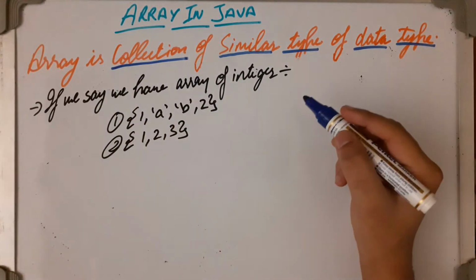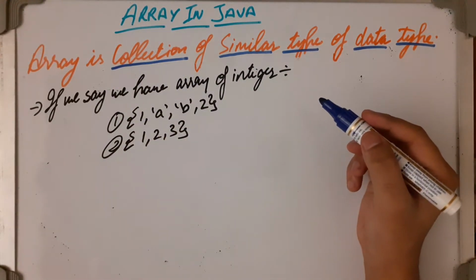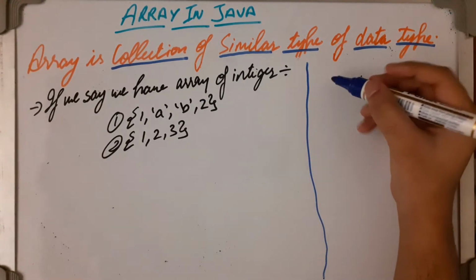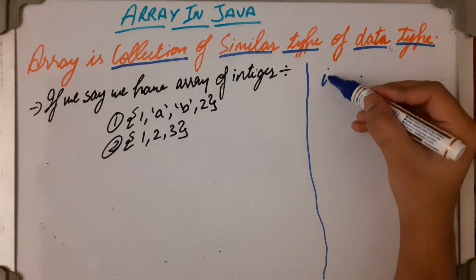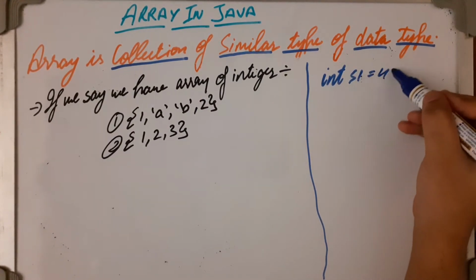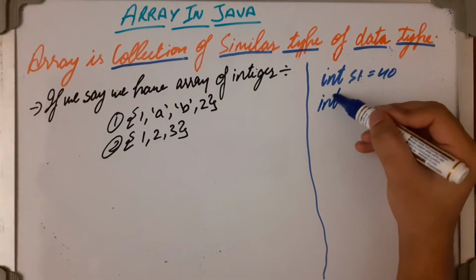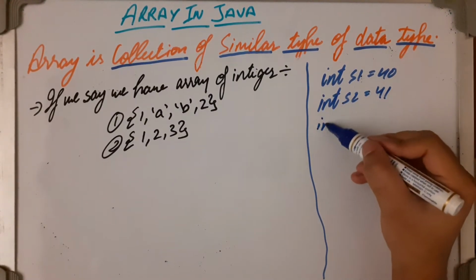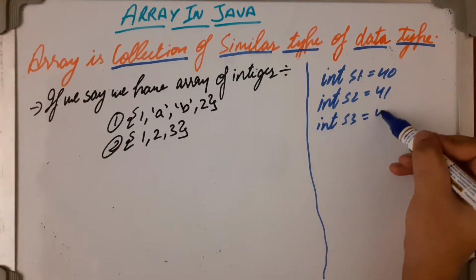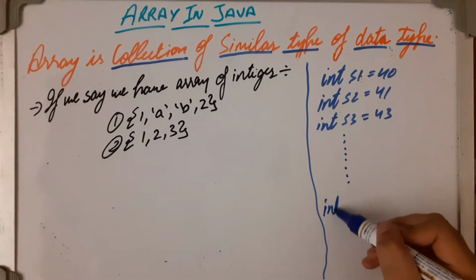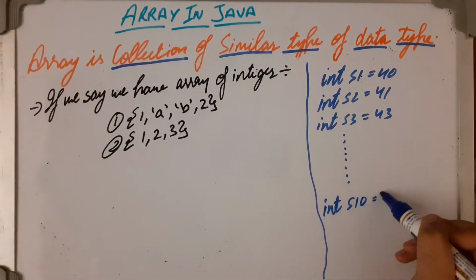Earlier, suppose I have to store marks of 10 students. If we are not having an array, I'm talking about that case. So what I will do is int s1 equals 40, int s2 equals 41, int s3 equals 43, and so on till int s10 equals 30.